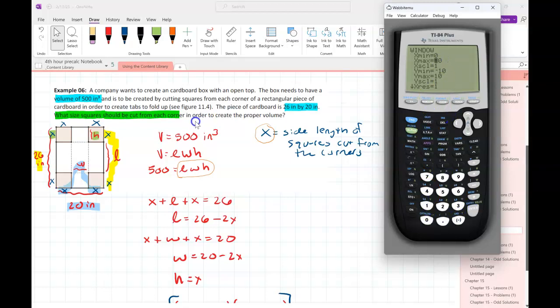And what's the longest that x could be? You got to think about the real life situation. Look at the picture.